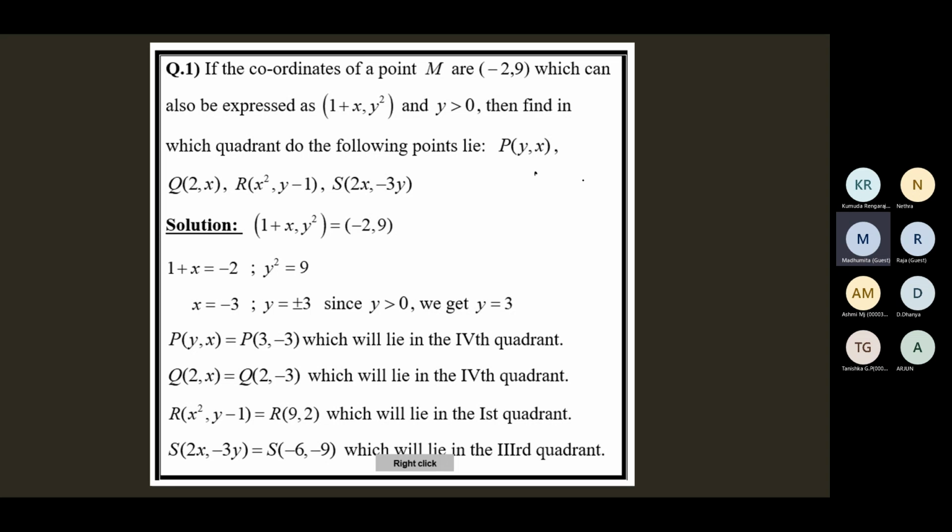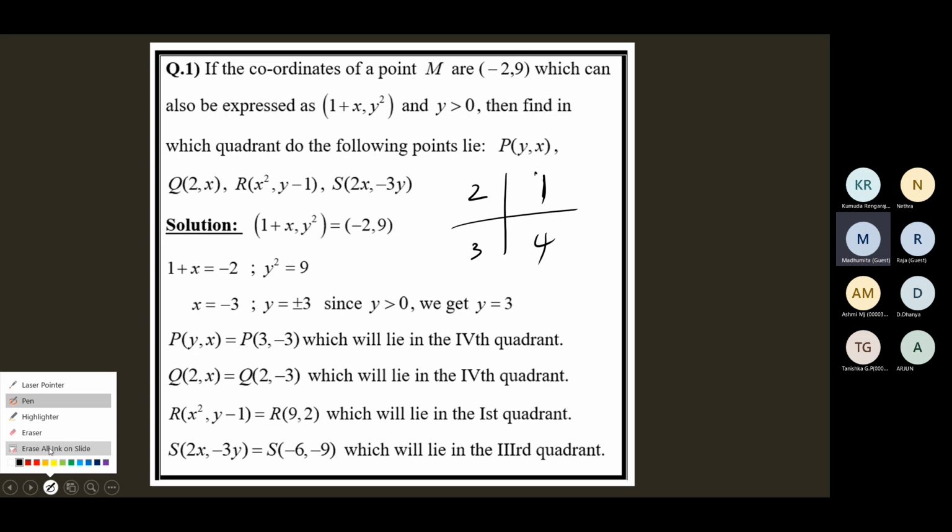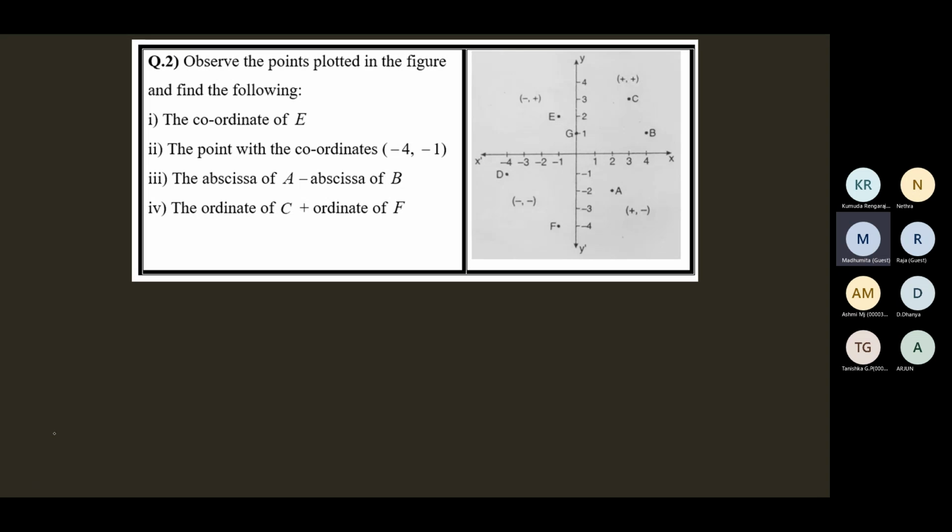Quadrants. This is the first quadrant, second quadrant, third quadrant, fourth quadrant. What do you mean by abscissa? X-axis, ma'am. X value.